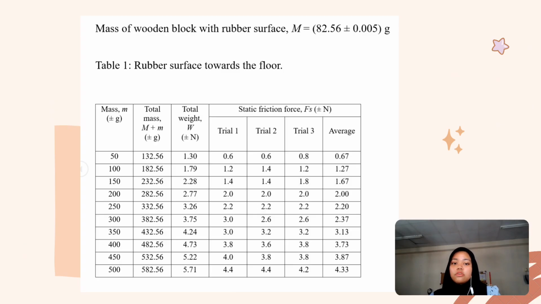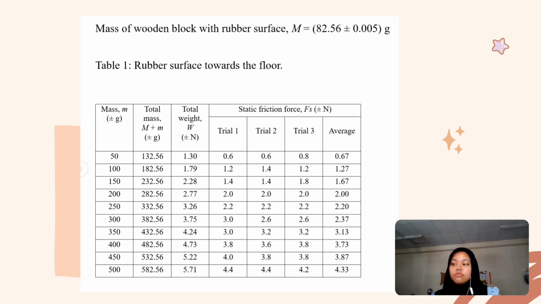This is the result for this experiment. We have the mass of the wooden block with rubber surface, which is M, equal to 82.56 with an uncertainty of 0.005 gram. Table 1, rubber surface towards the floor. In the first column, we have mass equal to M. Next column, we have total mass, which is M, the mass of the wooden block with rubber surface, plus the weight mass.